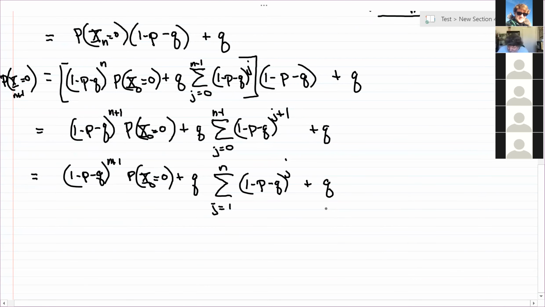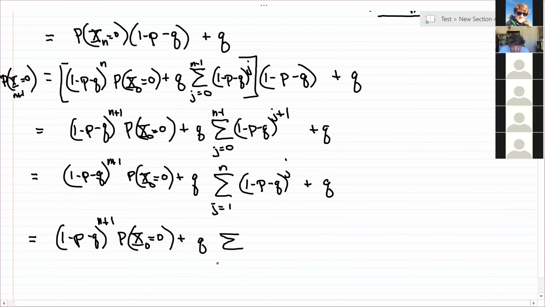So you can fiddle with the index a little more. 1 minus p minus q to the n plus 1 times the probability at time 0 being broken, plus the same sum, but just start the summation at 0 and let it go to n.